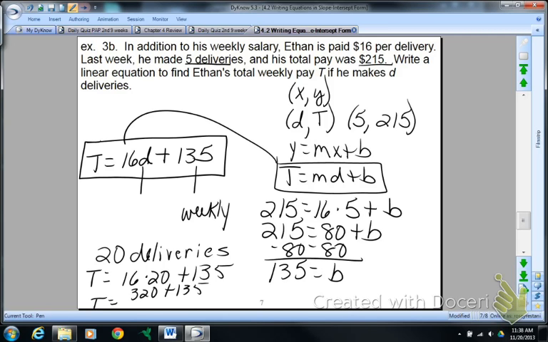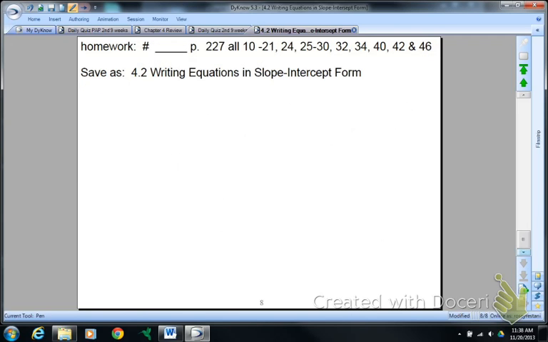So how much did he make? $455. So if he was a really smart cookie, what would he do? Make as many deliveries as possible. Right? Okay, that is the end of section 2.